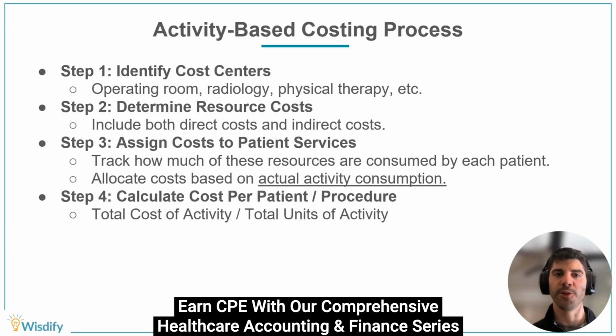What we would then do is add up all those costs for the patient and determine how much total cost we actually took on as a result of bringing that patient into our business and taking care of them. So when we have this level of data, it allows senior managers to make more informed decisions about things like pricing, reimbursements, and the overall efficiency of our facilities and departments.